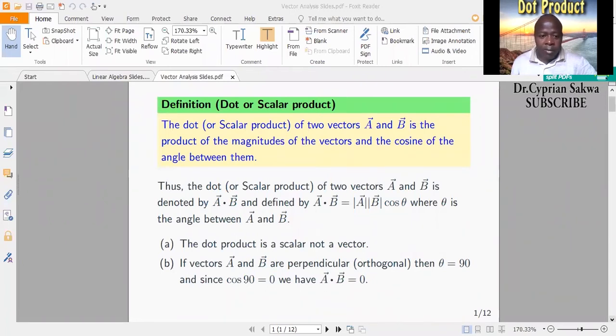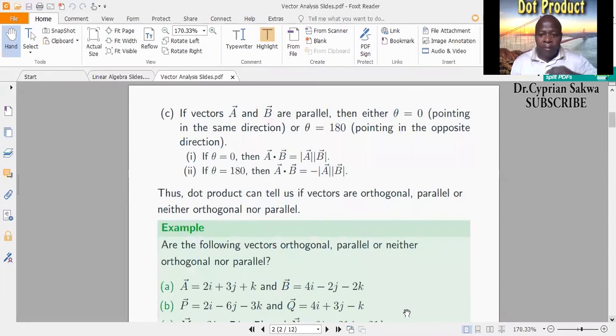What about if they are parallel? When do we say that vectors are parallel? What is the angle between two vectors which are parallel? That is the question. Because we know that A dot B is the modulus or the magnitude of A times the magnitude of B cos theta.